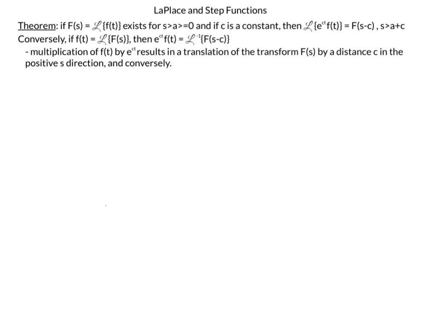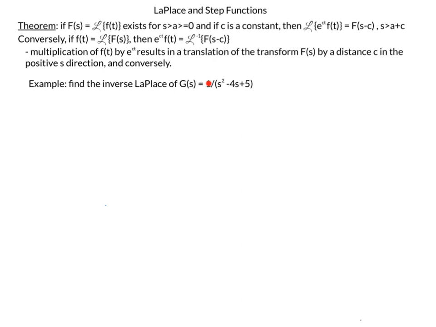Formally, that is, if the Laplace transform of little f of t is equal to capital F of s exists for some s greater than a, and c is a constant, then the Laplace transform of e to the ct f of t is equal to the Laplace transform shifted over by c. And then the converse, if f of t is the inverse Laplace transform of F of s, then e to the ct f of t is just the inverse of this over here. And we'll do this example.